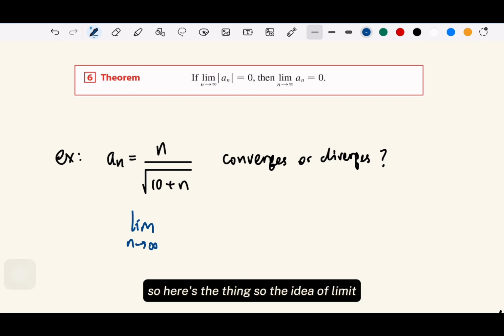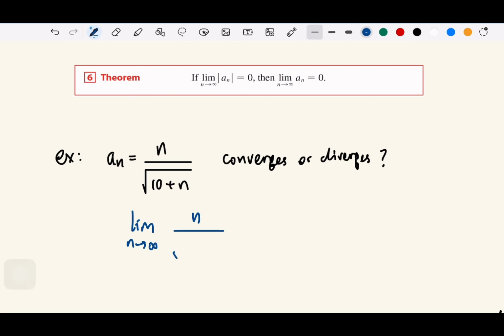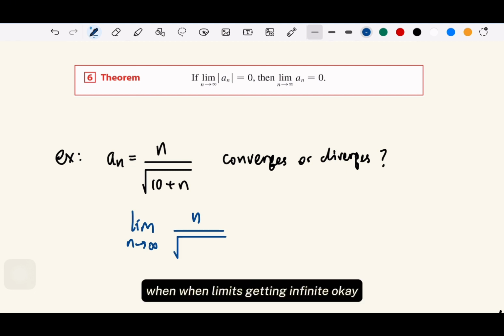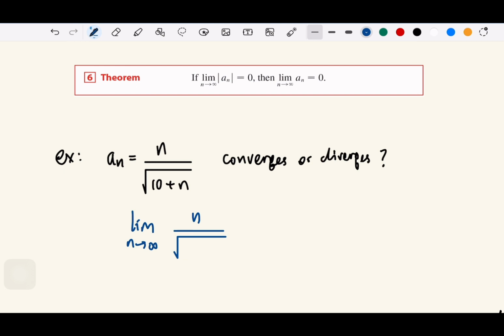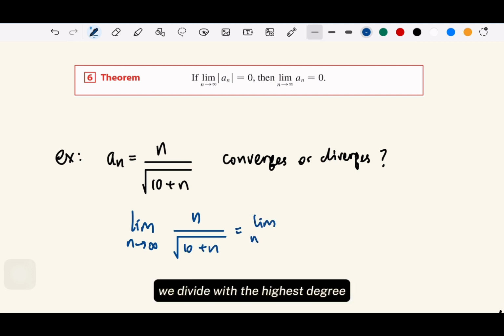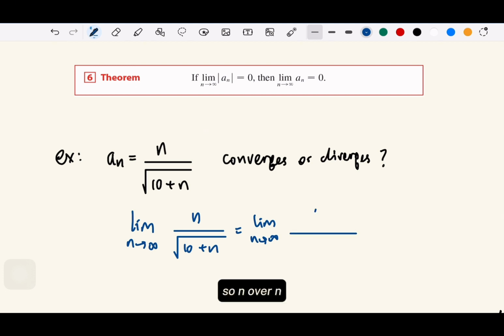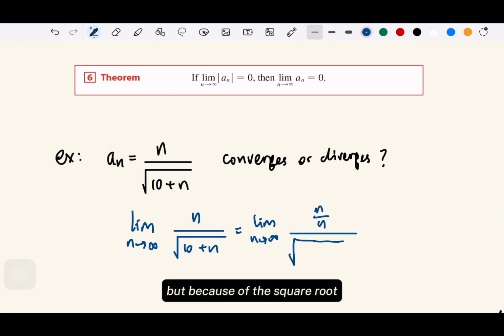The idea of limit is when n goes to infinity, the first thing we do is divide by the highest degree. The highest degree is 1, so n over n. But because of the square root, then this will be 10 over n squared.